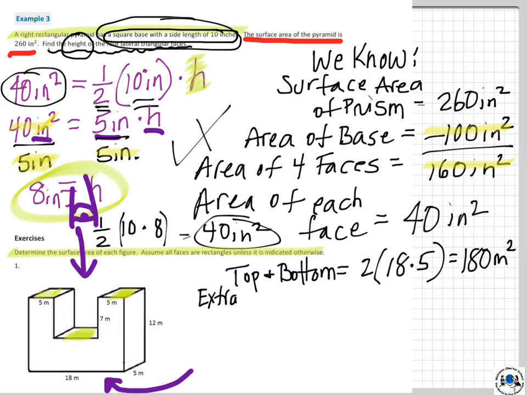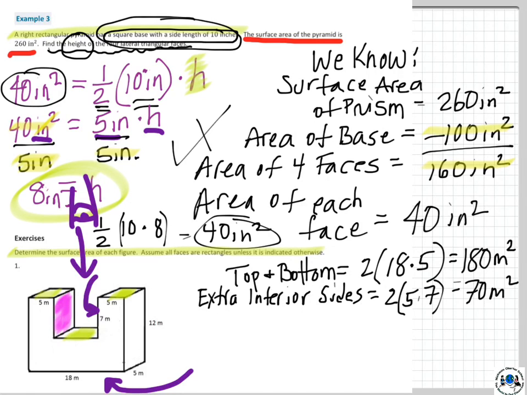Okay. All right, so now we have these extra interior sides that have been created. Actually, if you think about it, a piece has been lopped off of this in the middle there, and they've created these extra interior sides, there and there, and those are 2 times 5 times 7, and that's 70 meters squared.